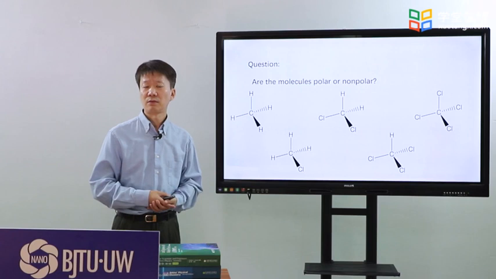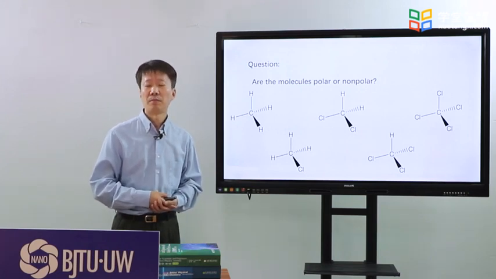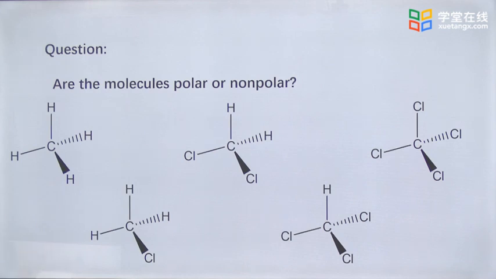Question: are the molecules polar or nonpolar? These molecules are methane and its derivatives with tetrahedral structure. We can analyze the polarity of every single bond in the molecule to deduce the polarity of the whole molecule.